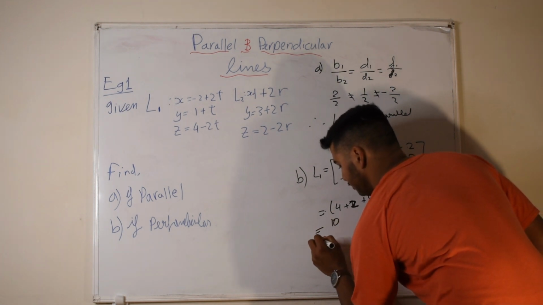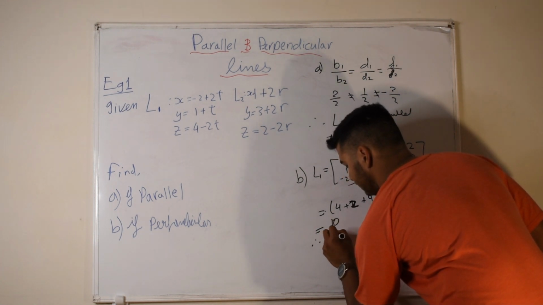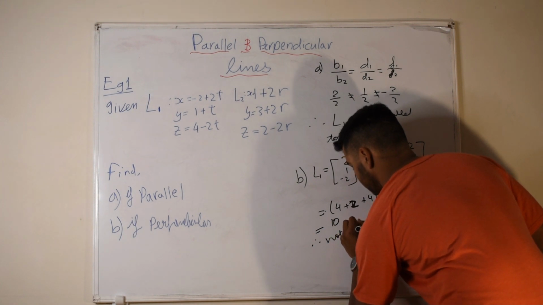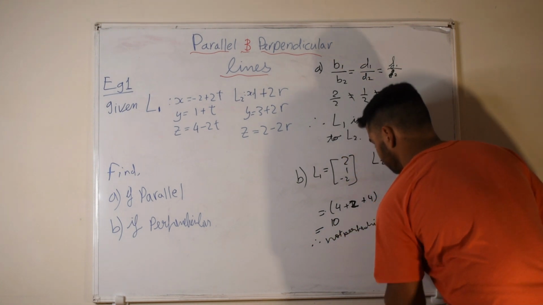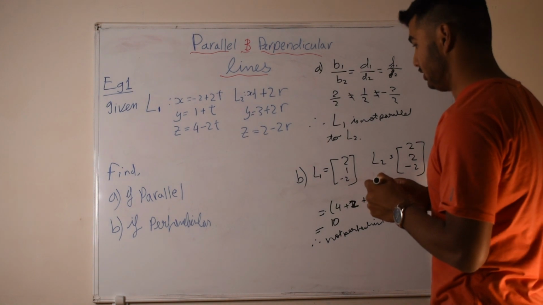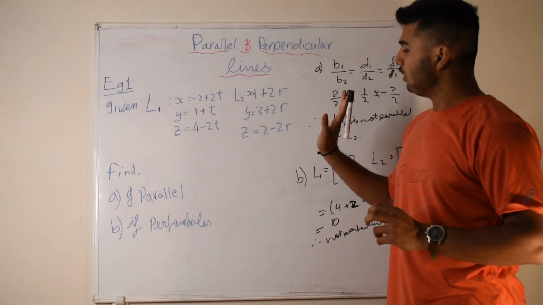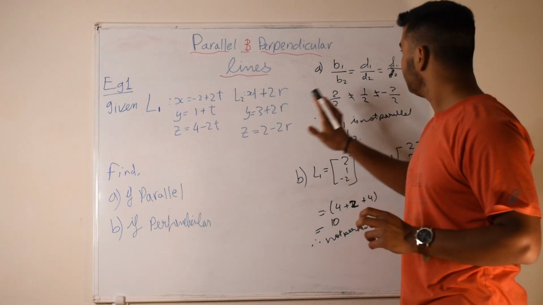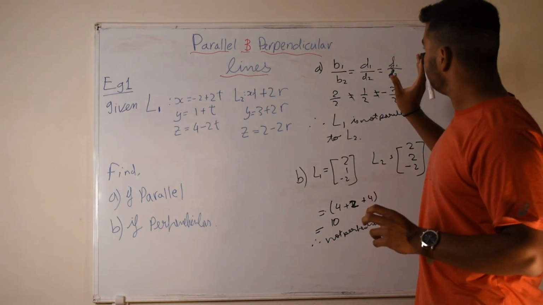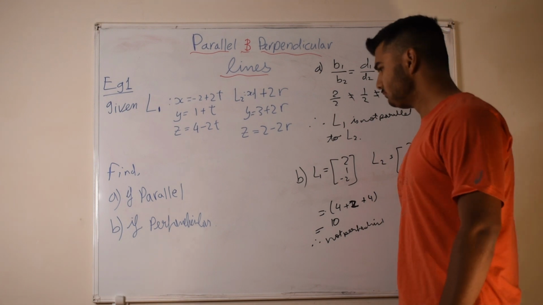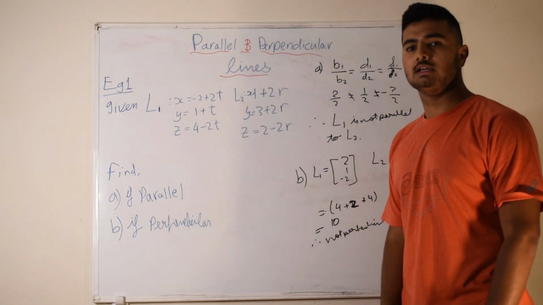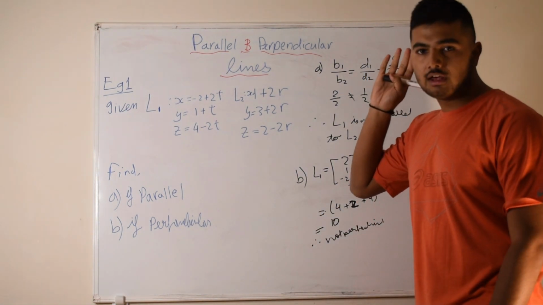Therefore, not perpendicular because the dot product does not equal 0. So that is how you do Example 1. Relatively straightforward once we understand the formula derivation, these questions become very easy. So now on to the next example.